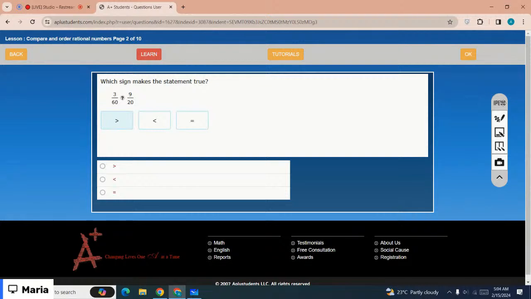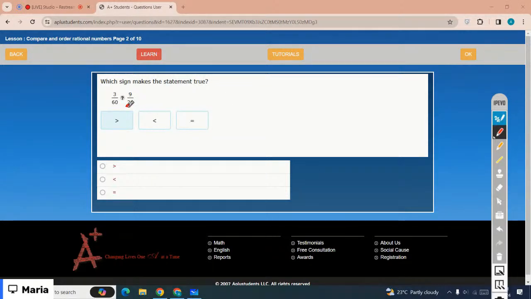So you need to make that 9 over 20, this 20 equal to 60. So you need to multiply this fraction by 3. That is 3 times 9 is 27 and 3 times 20 is 60. Now you can compare 3 over 60 and 27 over 60, right? So which is the correct option?